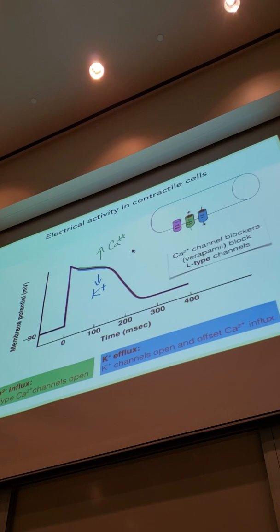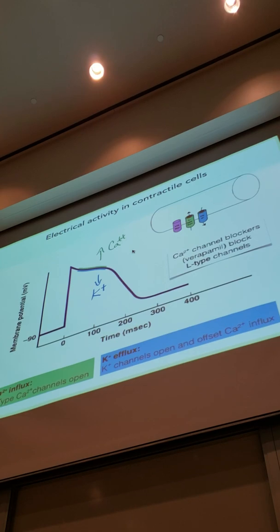So what this does is it extends the period of time where we've got calcium flowing into the cell. We have this period of time where calcium channels are maintained in the open state, and calcium continues to flow into our cells. So what happens when we have calcium in cardiac cells?